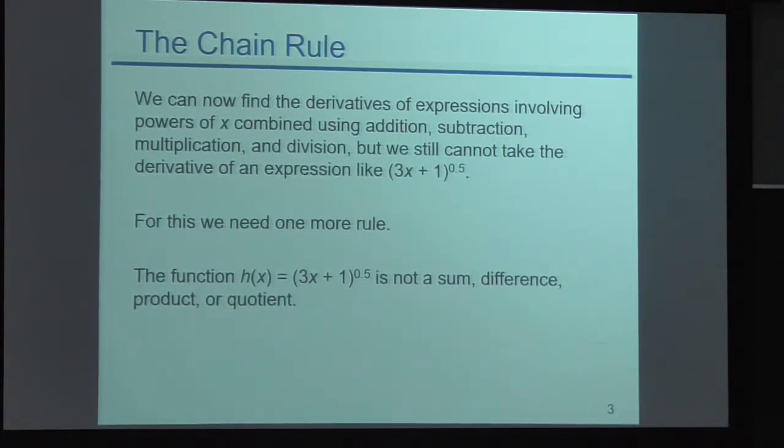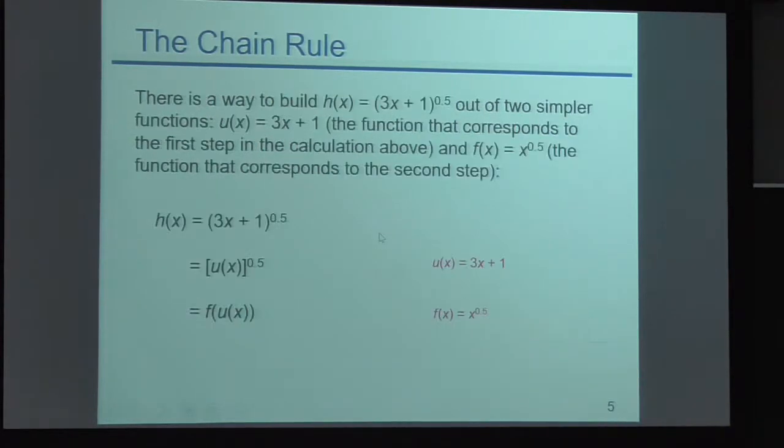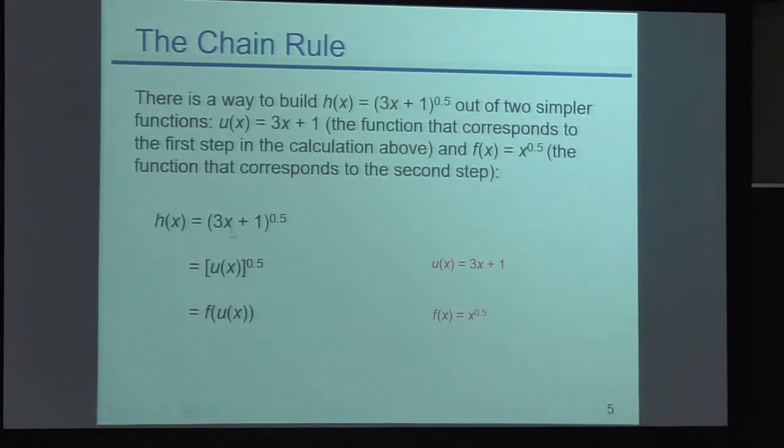The chain rule. And what that means, usually we're thinking that there's an outside function and an inside function. So what would we say is the outside function here? Raising something to the half power. And what would we say is the inside function? 3x plus 1. So with that observation, then we can use the derivative.